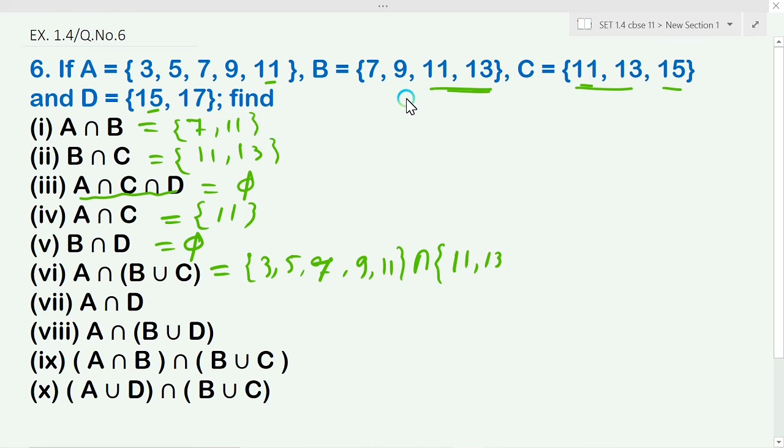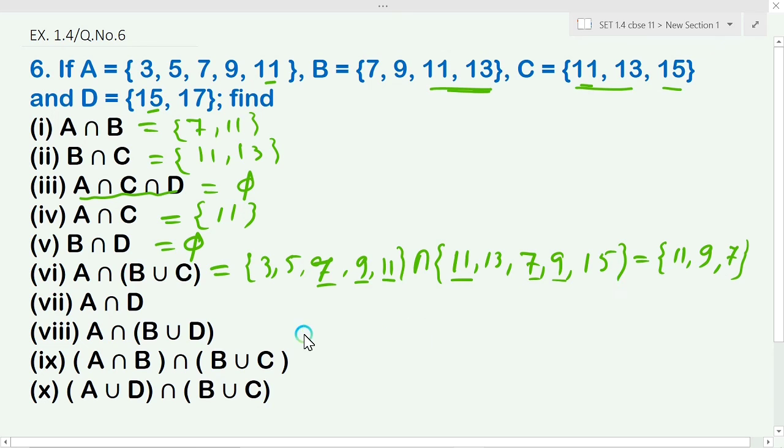Then the other elements, that is 7, 9 and 15. Now we have to calculate the intersection between these two sets. The common elements between these two sets are 11, 9 and 7. So this equals 11, 9 and 7. You can write 7, 9, 11 also.